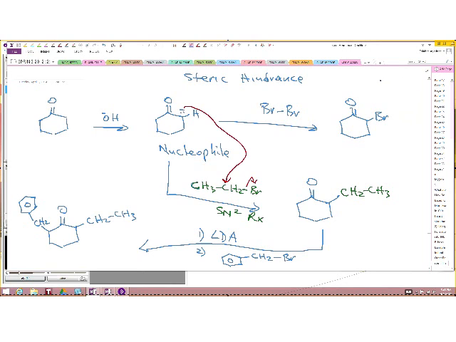Now, before we go further into how we use the enolate anion, I want to introduce you to one reaction that is most important going forward.